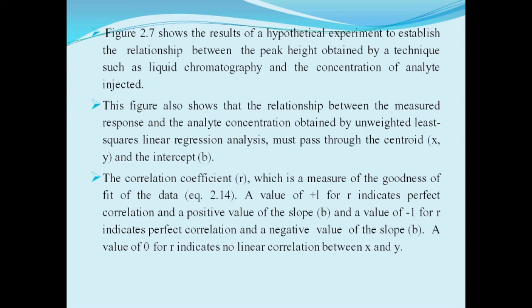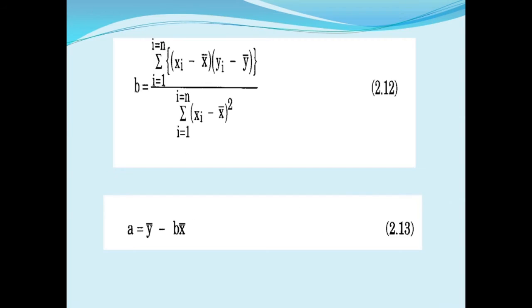In equation 2.13, that is A, A is equal to y bar minus b into x bar. Here x bar and y bar are the means of the measured responses yi and the concentration xi respectively.